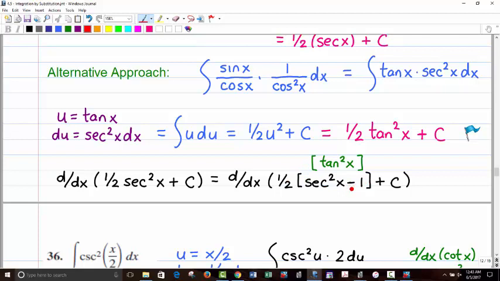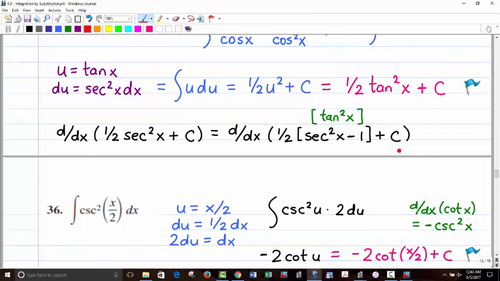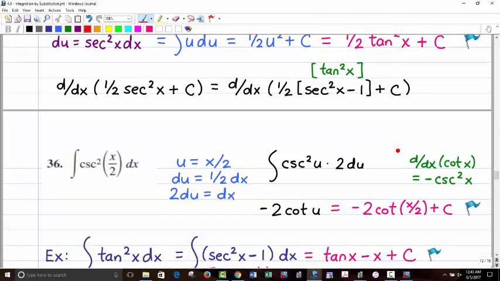Well, when you take the derivative of the minus 1/2, it's going to go to 0, just like the derivative of c goes to 0. So both sides are basically the same as taking the derivative of sec squared. Therefore, they are equivalent, because that derivative of the negative 1/2 just goes to 0. So it is possible to have different-looking trig answers and still both be correct, because of how the functions relate to each other.